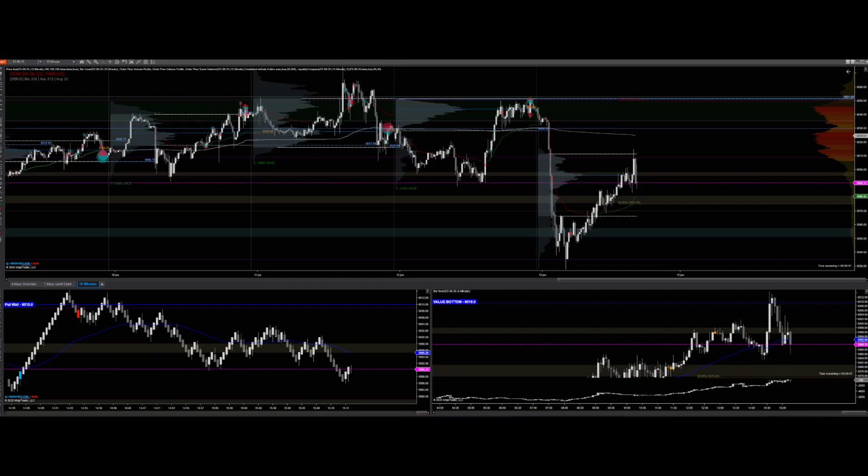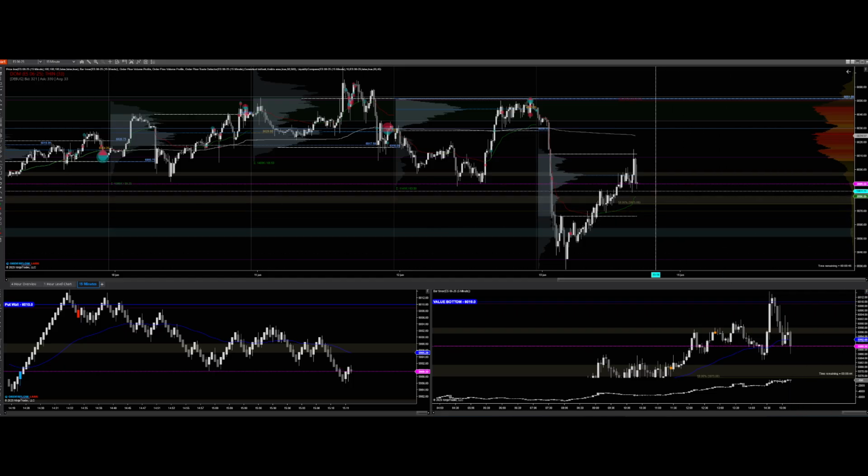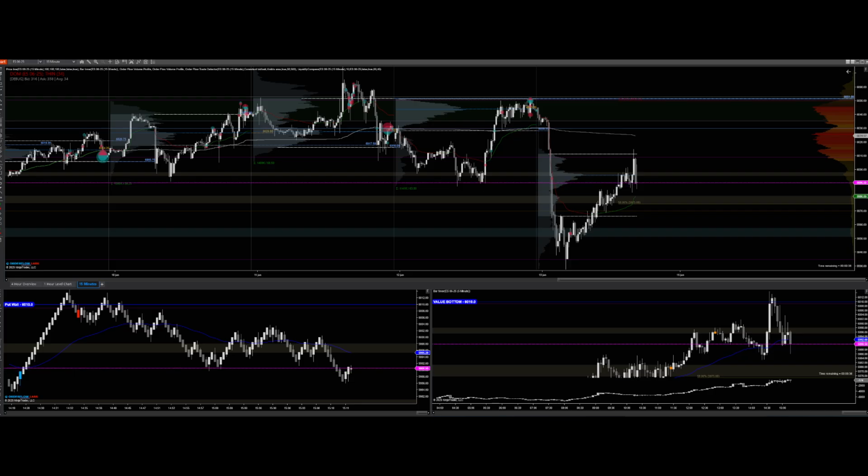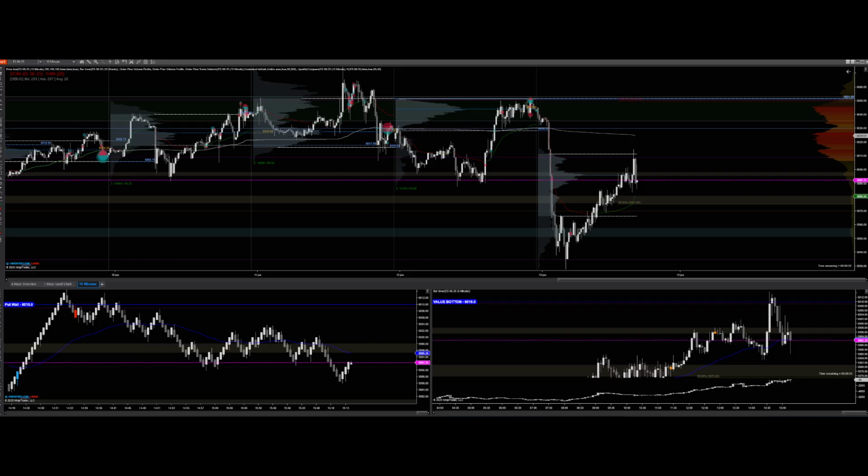I am now looking to long here out of this low volume node. Just take it a little bit more to the downside, see if we get some positive deltas coming in. And we move too fast again.